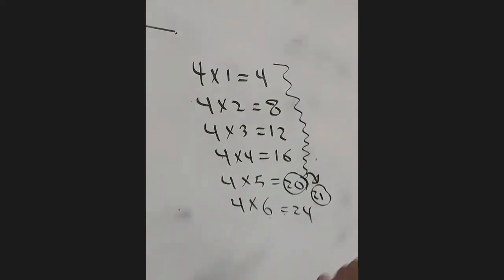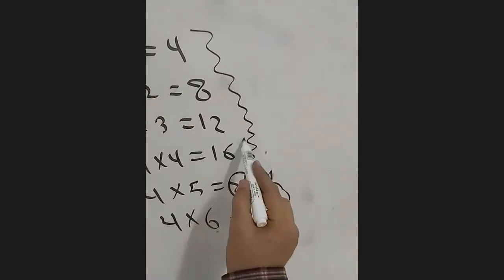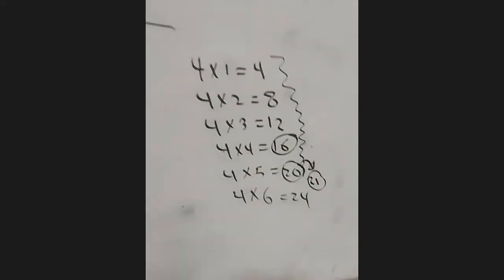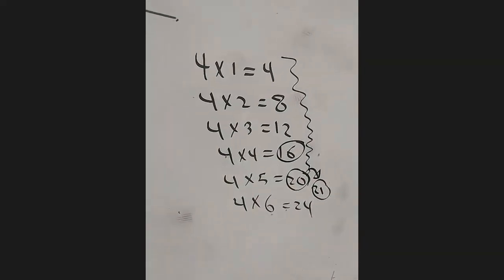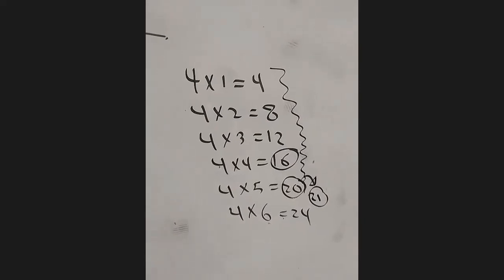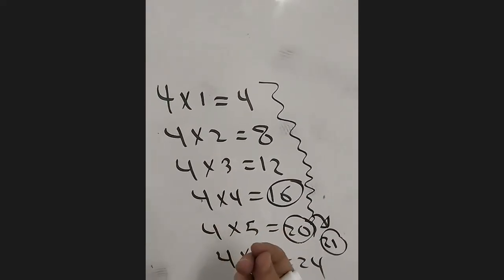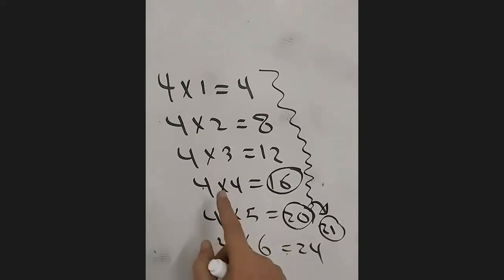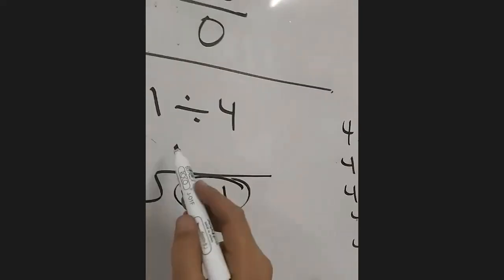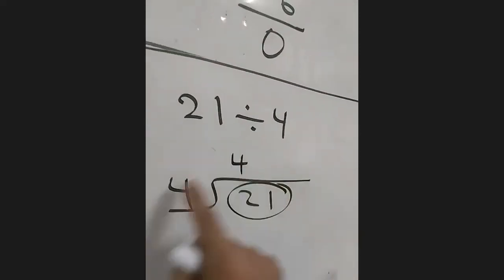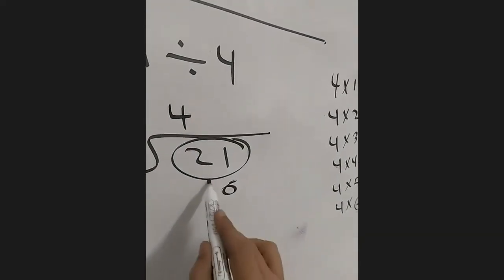What happens if I take 16, for example? 16 is less than 21, right? But if I take 16, let me clear the idea, please. Now it comes by 4 by 4. What happens if I put 4 here? 4 by 4 is 16, right?